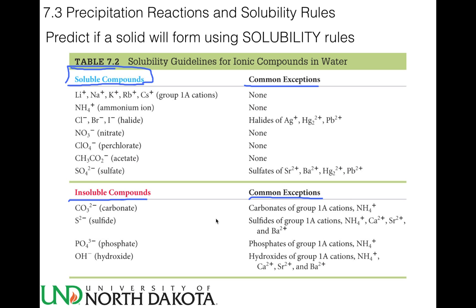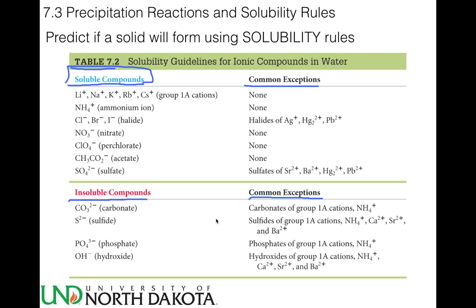Compounds that are soluble will be made up of ions that, when they form an ionic compound, tend to have low lattice energies. This means that the ions are either really big or they have single charges, or a combination of the two.